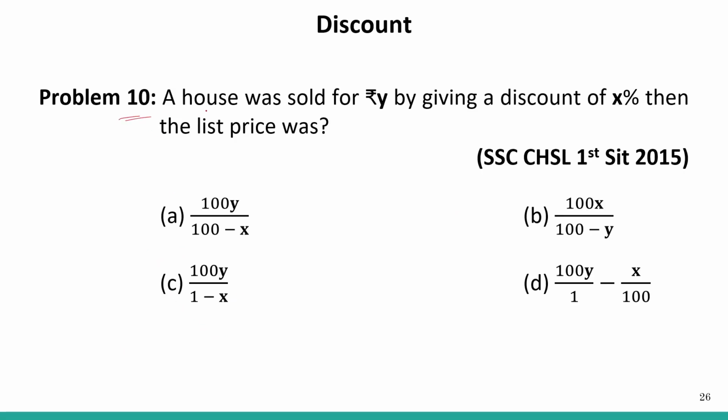So let's see problem number 10. A house was sold for Y rupees by giving a discount of X%. Then what was the list price? This question appeared in the SSC CHSL first sitting 2015 paper. Which among these 4 options gives the answer, that is, the list price? The house was sold for Y rupees by giving a discount of X%.